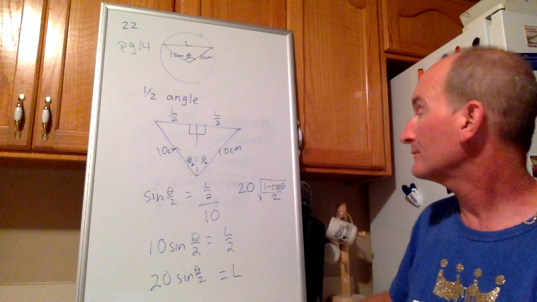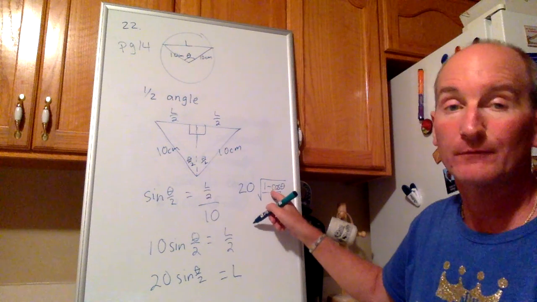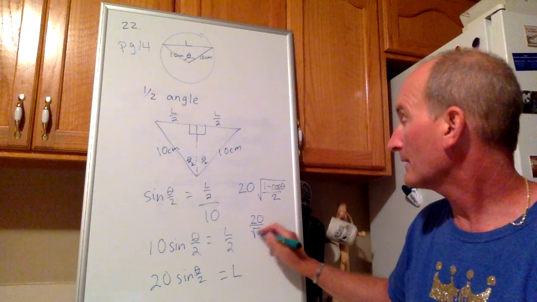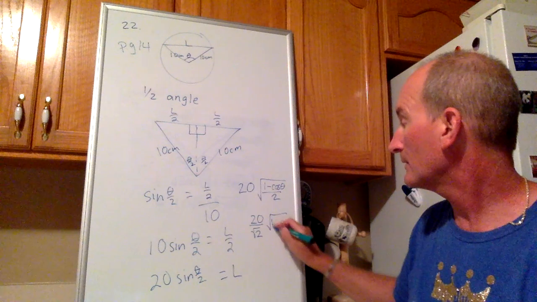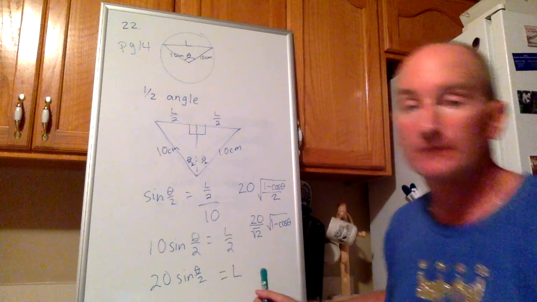When I go through some simplification here, leaving this alone, because we had that before in the other problem, this will be 20 divided by radical 2 times the square root of 1 minus cos theta, and we go through the rationalization process.